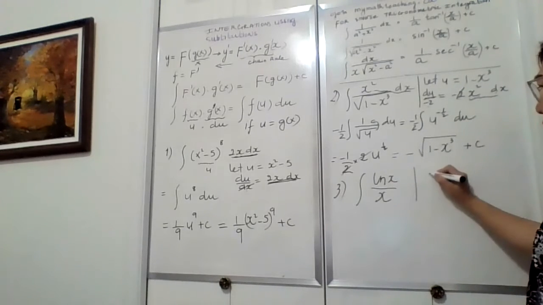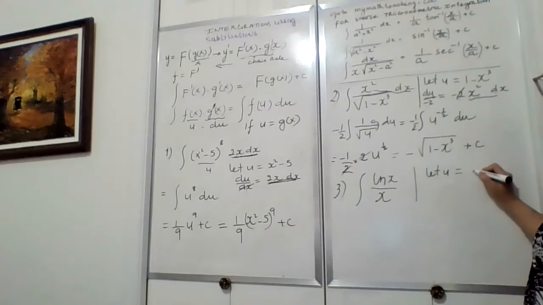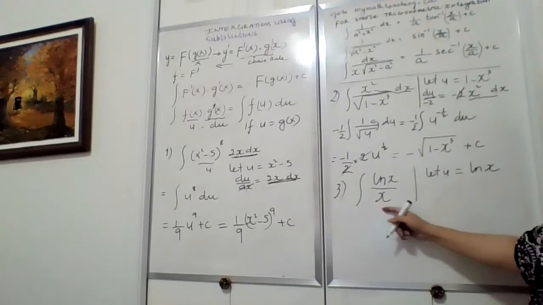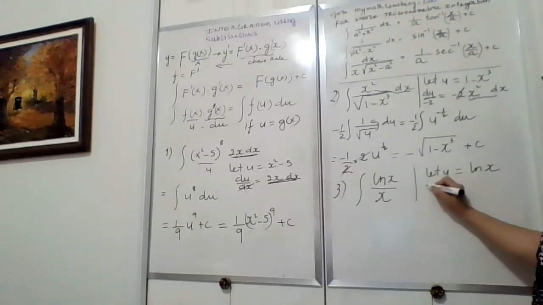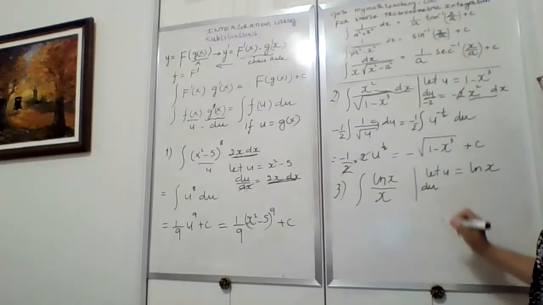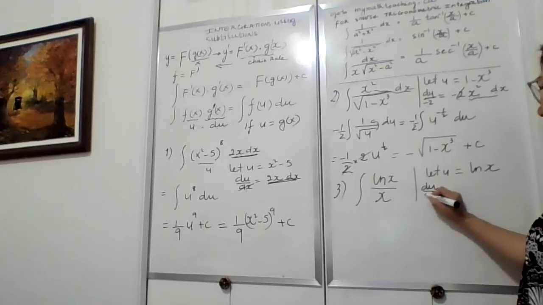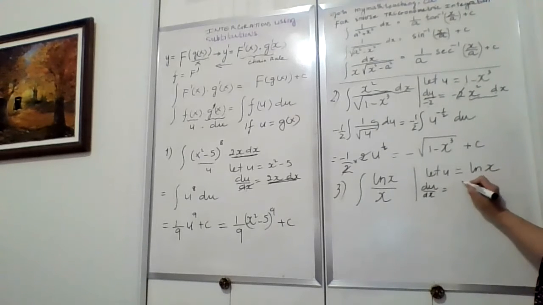So by inspection, I just say let u equal ln x rather than just x, right? Because it sounds more complicated. So now I'm going to do the derivative of this. du over dx equals 1 over x. The derivative of ln x is 1 over x.